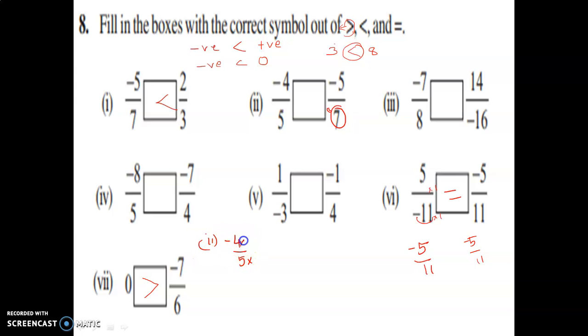I will multiply by 7. Box. Here we have minus 5 by 7. By what should I multiply now? It is by 5, both in the numerator and denominator. So we got minus 28 by 35. Here we get minus 25 by 35.